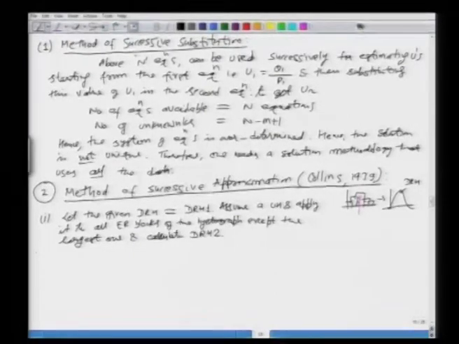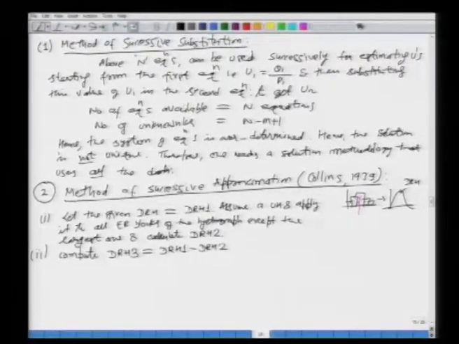The next step, you compute DRH 3 as DRH 1 minus DRH 2. So, what we have done is we have subtracted.